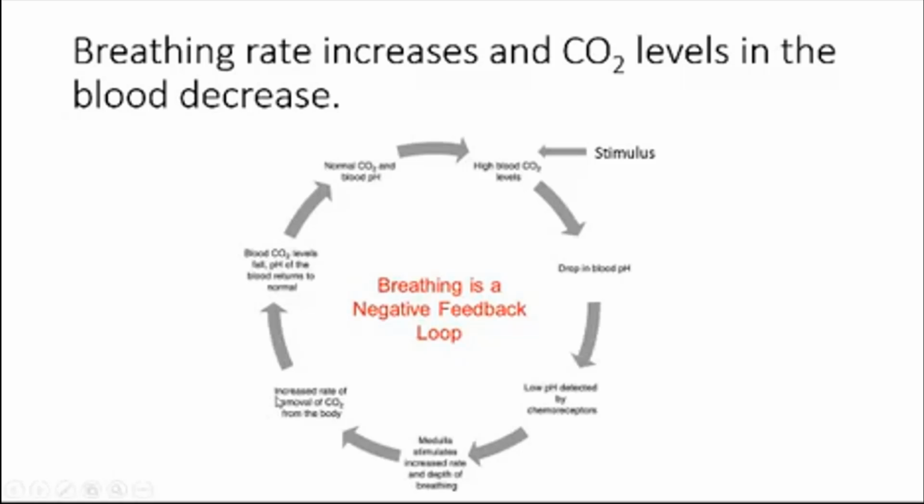Increased rate of removal of CO2 happens at the lungs. CO2 levels fall, the pH of the blood returns to normal, and we have normal CO2 and blood pH. All right, standard negative feedback. So you should be able to put those phrases in order.